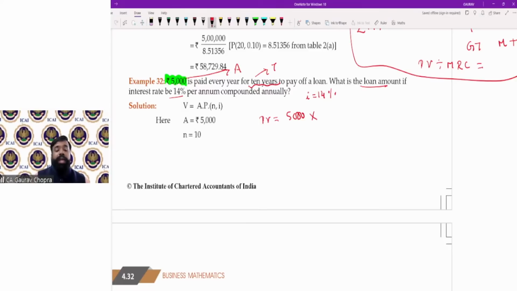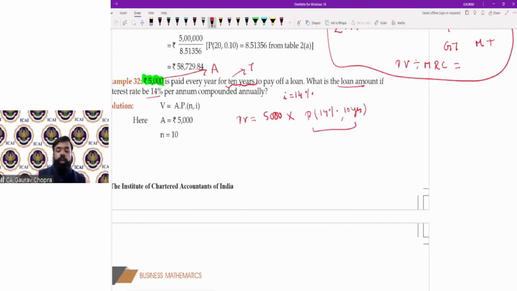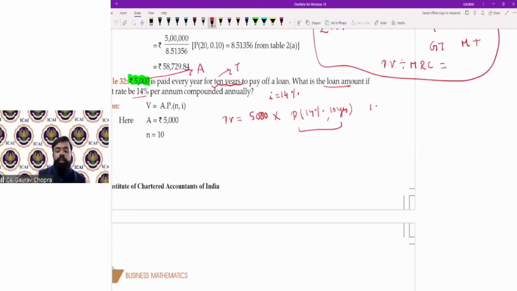So you have to calculate the value for 14% and how many years? 10 years. So how to calculate this value? Simply on calculator, 1 divided by 1.14, press equal to how many times? 10 times. And then press GT button. You will get this on your calculator.